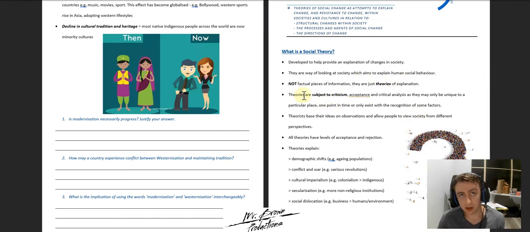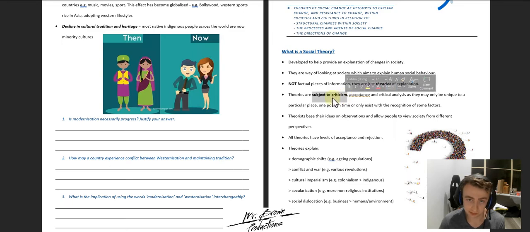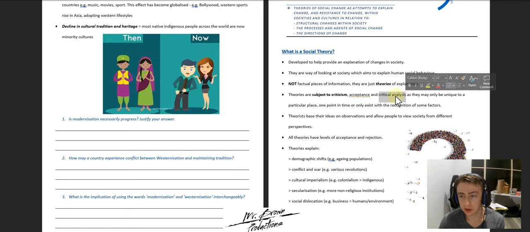Because they're not 100% concrete and foolproof like any theory, they are subject to criticism. So definitely highlight that. They're also subject to acceptance depending on the brevity of their argument and how much they can prove that's true. And critical analysis of each theory is really important, so I'd underline and highlight that as well.